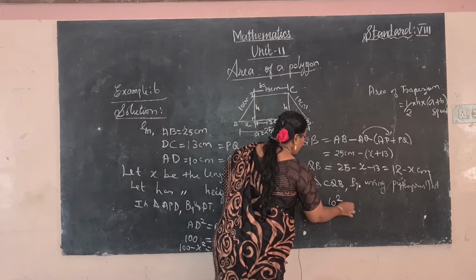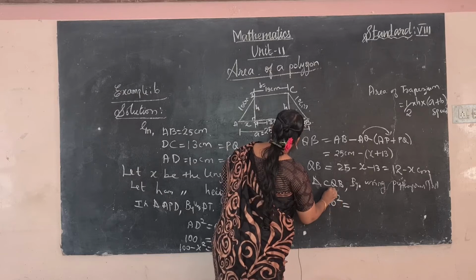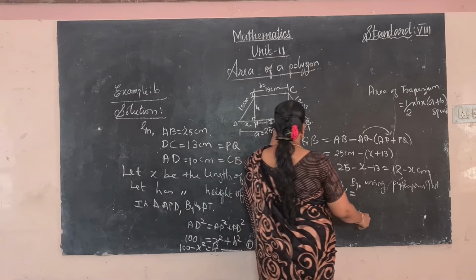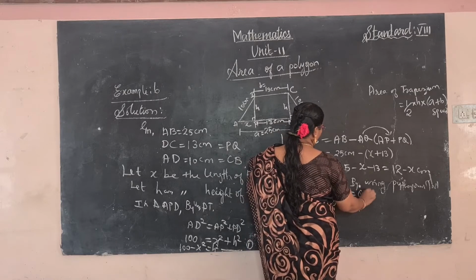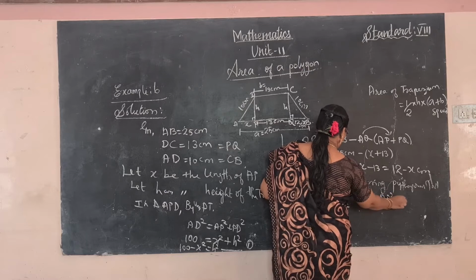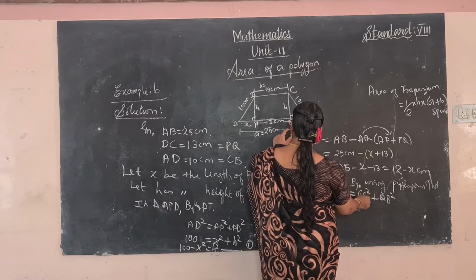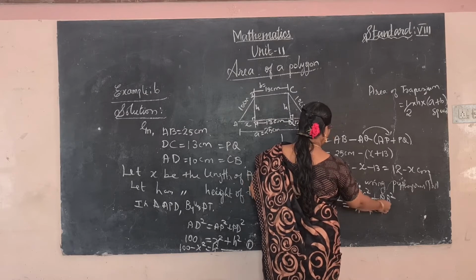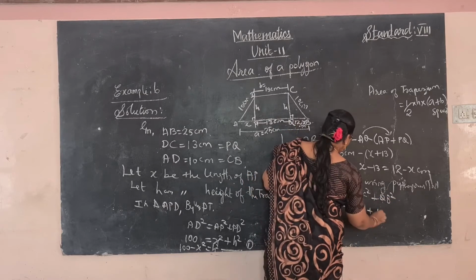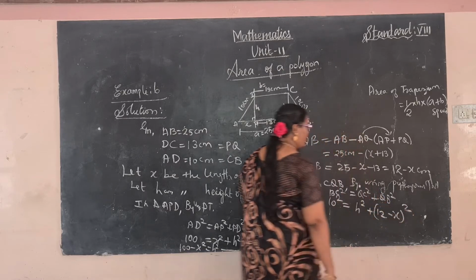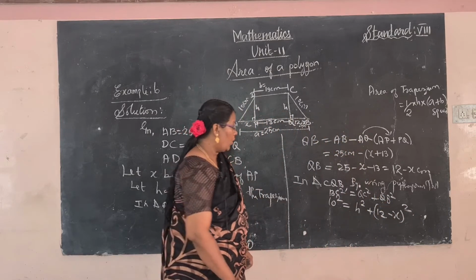So we write BC squared is equal to the height QC squared plus QB squared. QC value was h square, plus QB squared value was 12 minus x the whole square.